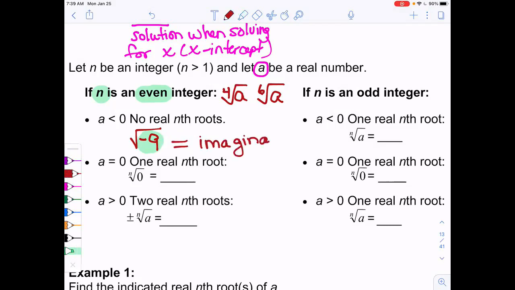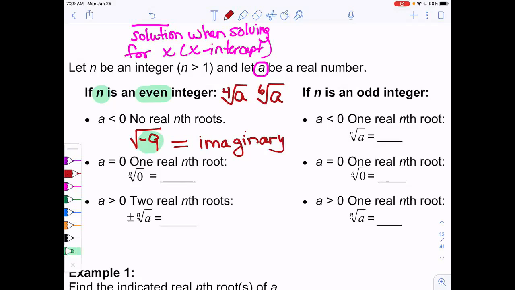And that's from chapter 4. Imaginary numbers happen when you take the square root or any even root of a negative number. So I could take the fourth root or the sixth root of any negative number, and it gives me an imaginary value.